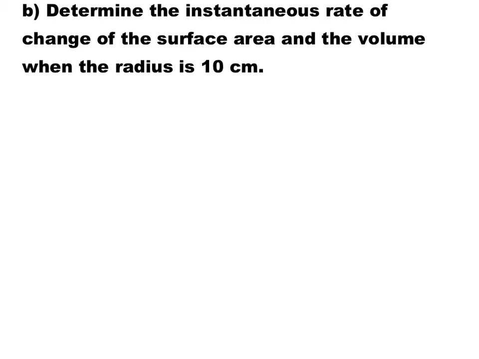Again, we know that the surface area is given by 4 pi r squared. So to find the instantaneous rate of change, we are going to use the h value.